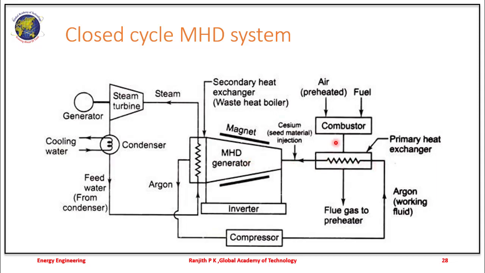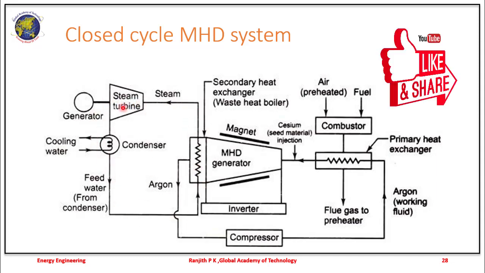The air from this combustor is made to pass through the MHD generator. Then the exchange of heat takes place. The working fluid in the secondary cycle absorbs the heat, and this is then made to run a conventional steam turbine.